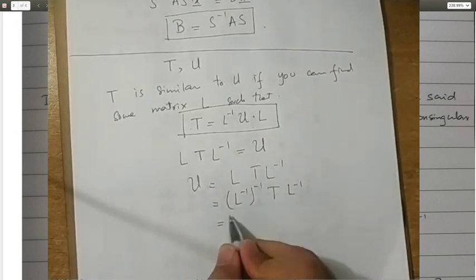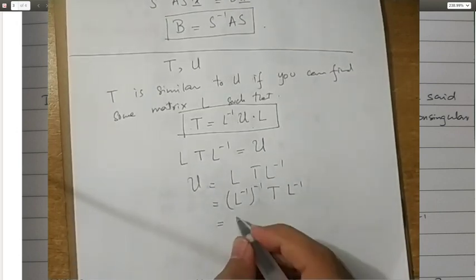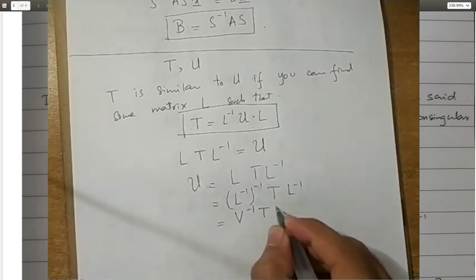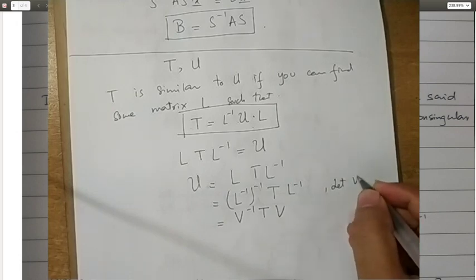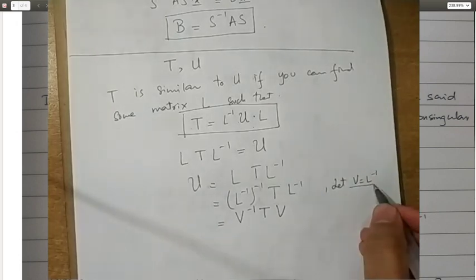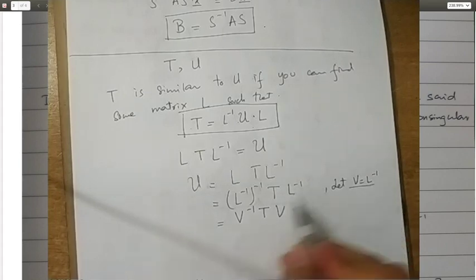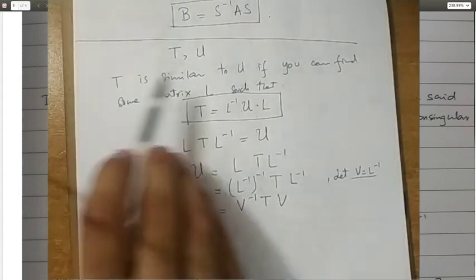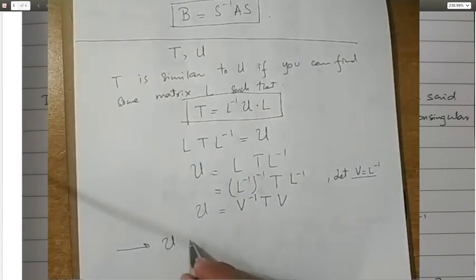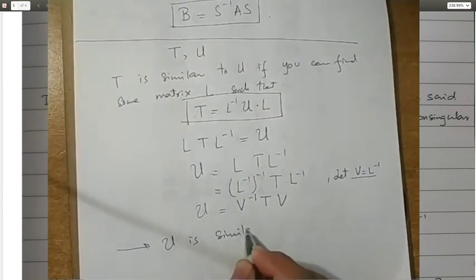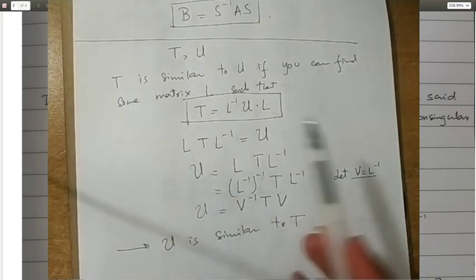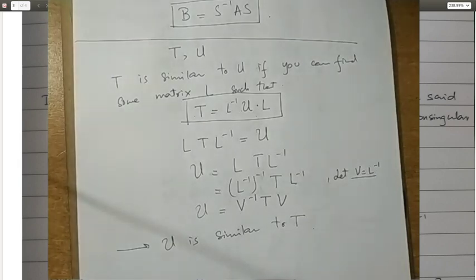If I let V be equal to L inverse, this becomes V inverse T V, which is nothing but U. So T is similar to U implies U is similar to T. So it's a symmetric definition. If one is similar to the other, the other is also similar to the first one.